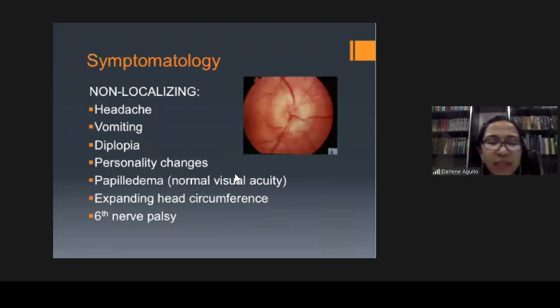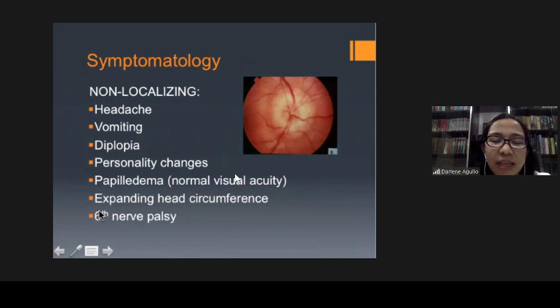Non-localizing manifestations, yung usual na signs of increased ICP. So non-localizing siya, non-specific. Sixth nerve palsy is a false localizing sign. Okay, sixth nerve is abducens. Kasi siya yung may longest intracranial subarachnoid course, kaya madali siyang maipit when there is increased ICP.